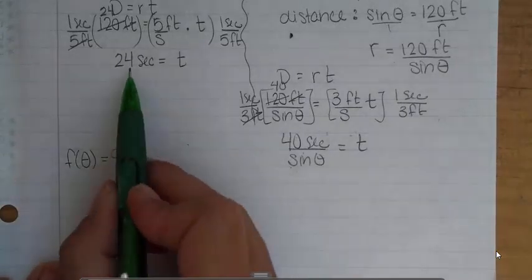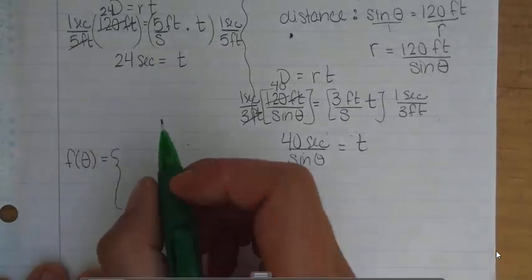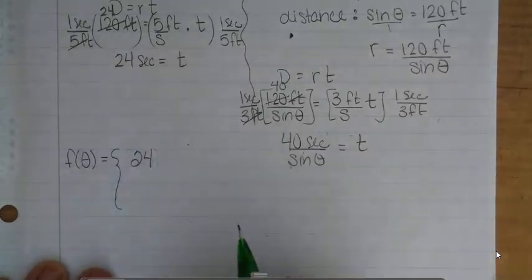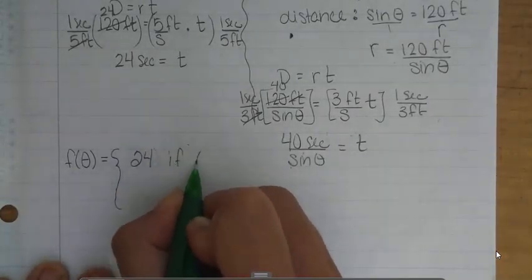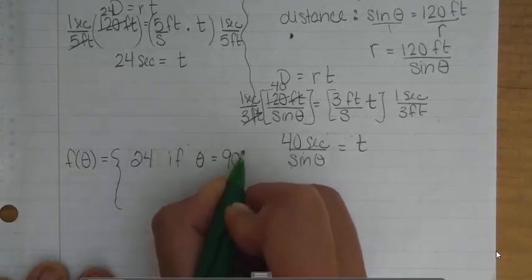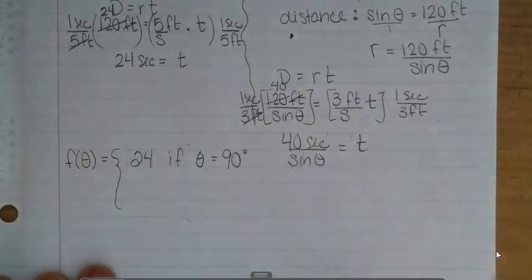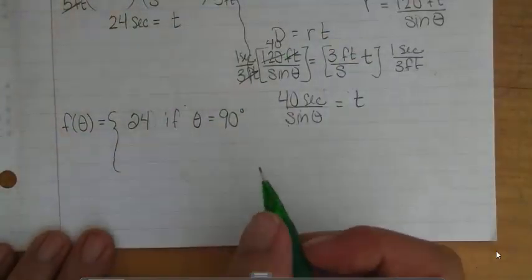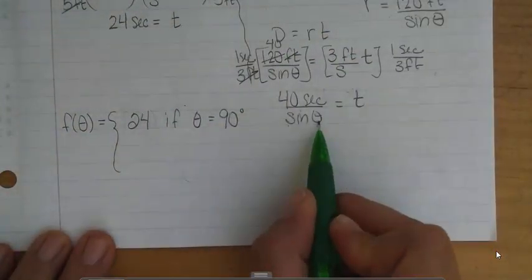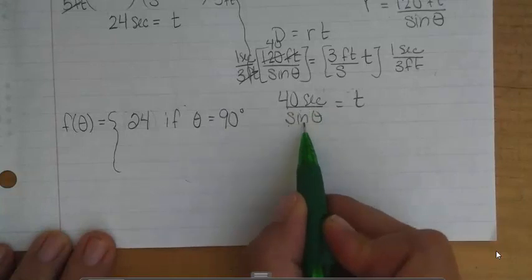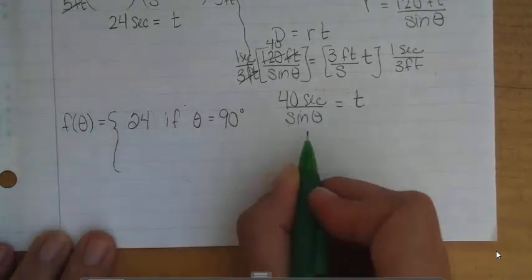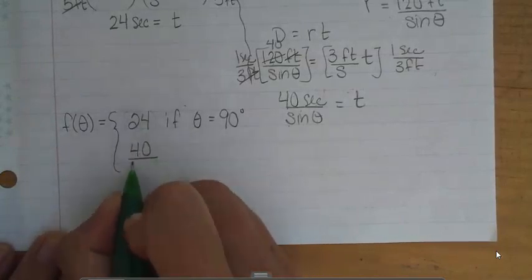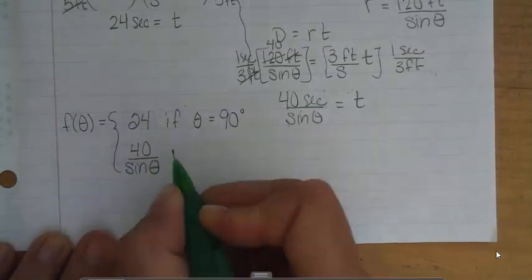It's going to take him 24 seconds if he decides to cross that bridge, so that's if theta is equal to 90 degrees. And then the other time it's going to take him is 40 seconds over sine theta. This part's constant, this part's going to vary.